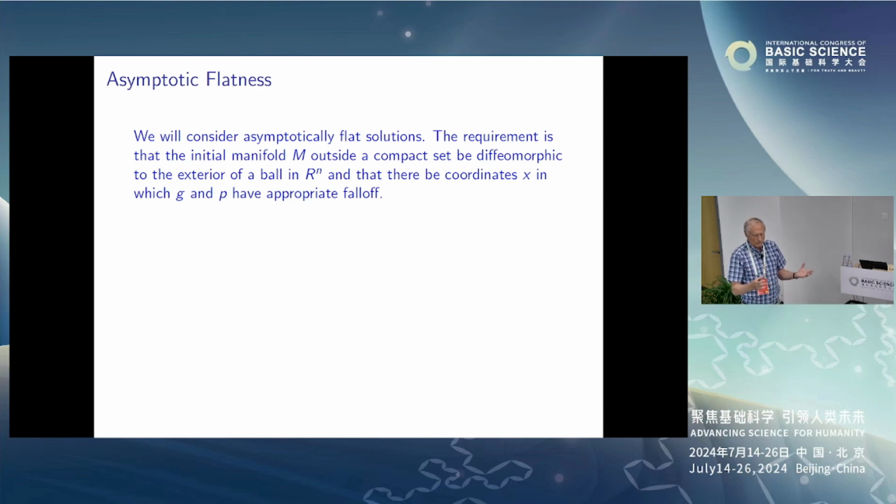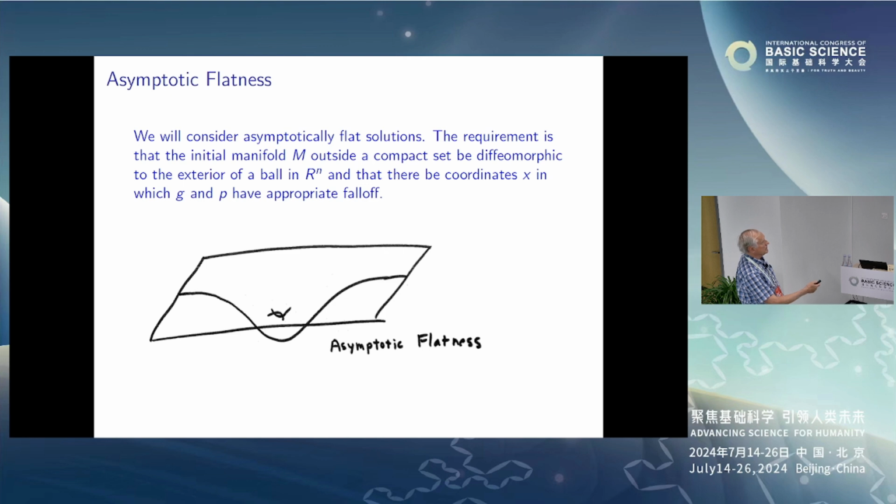If you model a finite distribution of matter or energy, and you assume everything else is infinitely far away, then you produce an asymptotically flat solution. And asymptotic flatness is the condition on the initial data that outside a compact set, the initial data looks like the trivial data. The trivial data would be data in Minkowski space.